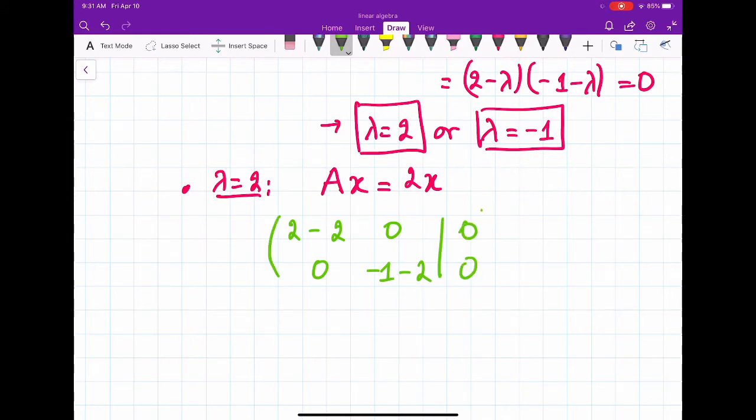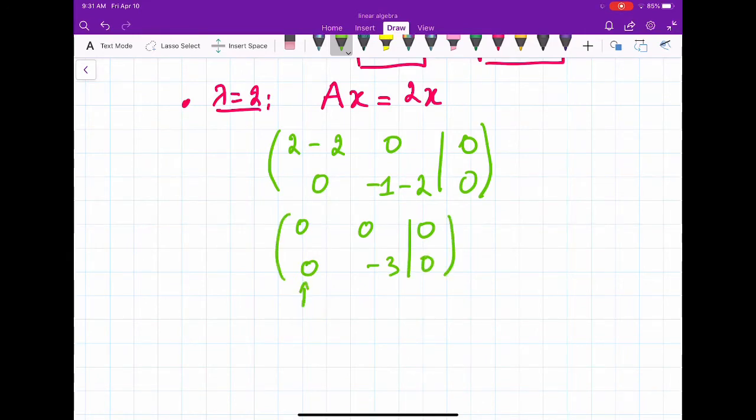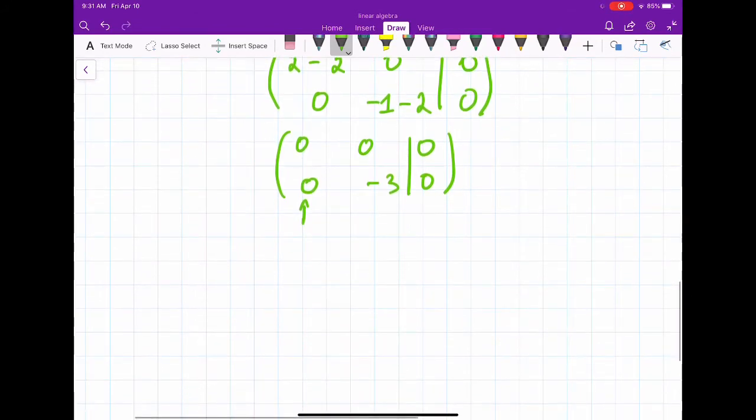This is a homogeneous system. The first row is just 0, 0, 0. The second row is -3, 0. So the first column is free, so we have one free variable, and x2 = 0.